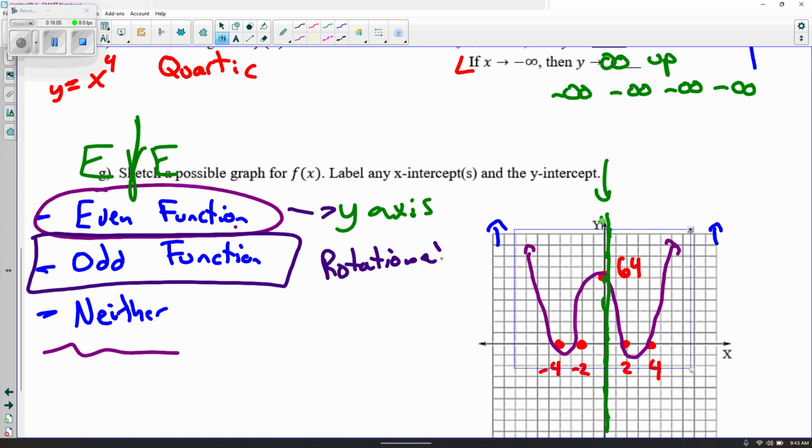And what's special about rotational symmetry? It has to have what? The origin in it. It's got to be original, which means it would have to go from the center. So I don't have this going through 0, 0, so it's not got rotational symmetry. So it's not odd. It is even. It has y-axis symmetry. You got to know the types of symmetry. Okay?